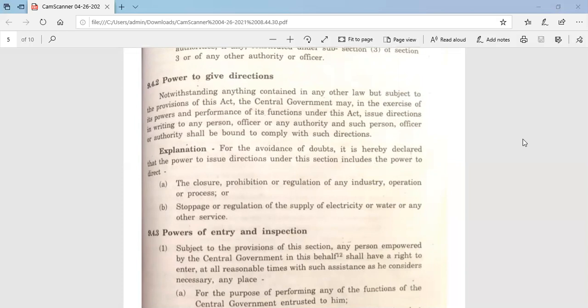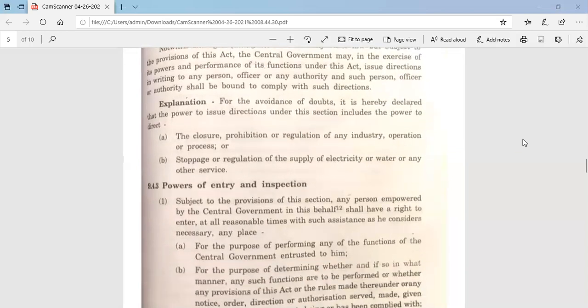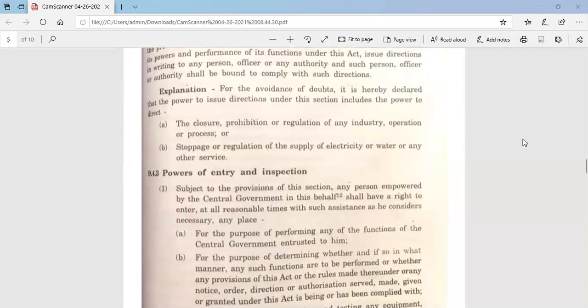There is an explanation for the avoidance of doubts. It is hereby declared that the power to issue directions under this section includes the power to direct: A, the closure, prohibition, or regulation of any industry, operation, or process; B, the stoppage or regulation of supply of electricity or water or any other services.